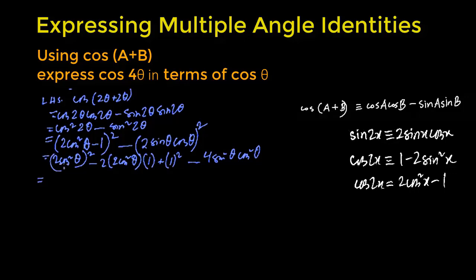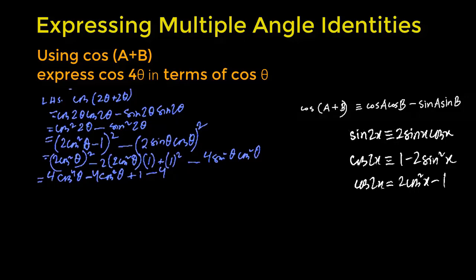So (2 cos square θ) whole square is going to be 2 squared is 4, cos square squared is going to be cos to the power 4 θ. Remember, the power is not on the angle but on the cos. So 2 to the 4, and cos square θ is going to be cos square θ plus 1 minus 4. Now everything is fine except for this sin square θ.